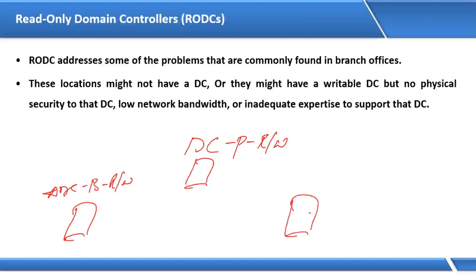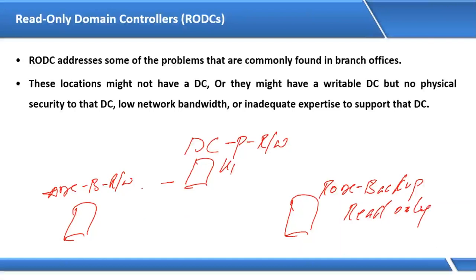But for example, I'm creating one RODC server. RODC server also is what here? It's a backup server. But RODC server contains what type of database? Read-only database. So what is the difference between ADC and RODC? If I create one user account in DC, this account will replicate to my ADC, and this account also will replicate to my RODC, right?